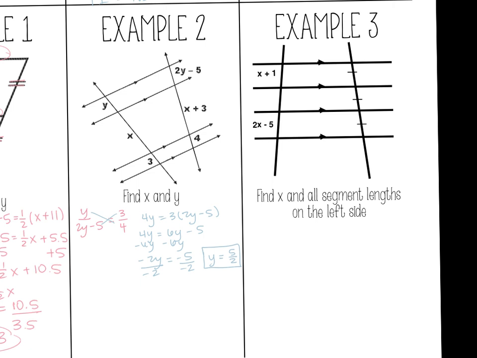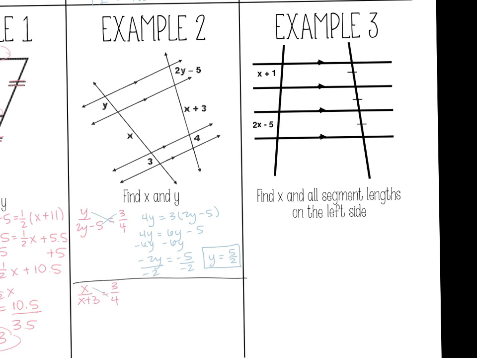Now for x, we're going to do the exact same kind of proportion. We're not going to worry about the y's. We have x over x plus 3 and 3 over 4. Let's make a little division here. Okay. So we have x over x plus 3 equals 3 over 4.